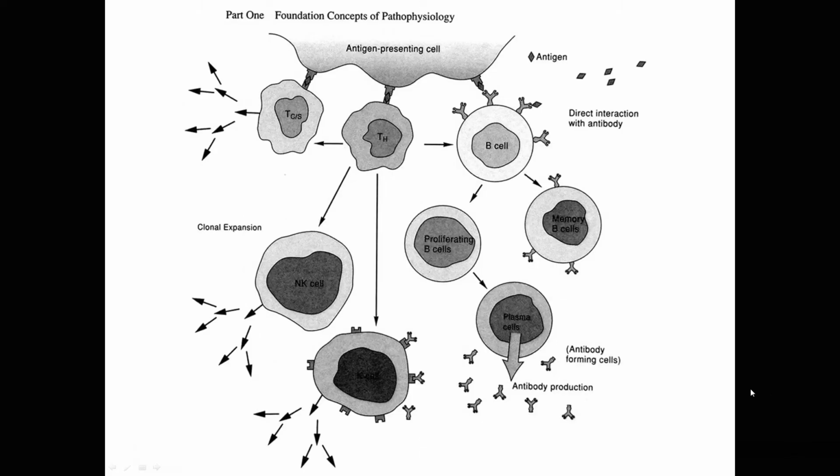Let's now consider the components of the specific immunity system. It includes T lymphocytes. Their maturation is thymus dependent. They express T cell receptors, and they are present in the form of clones, populations of T cells bearing a unique T cell receptor.